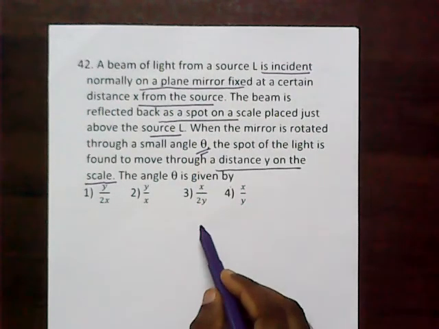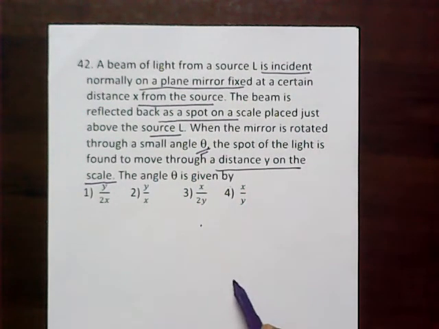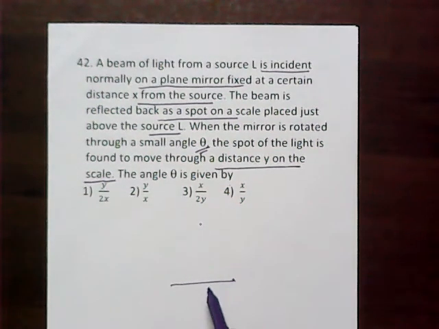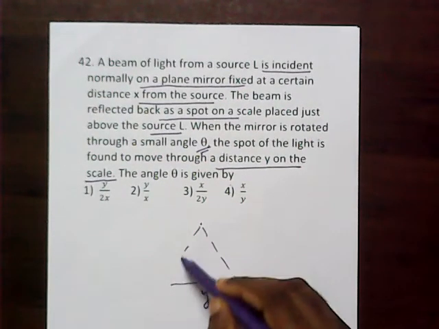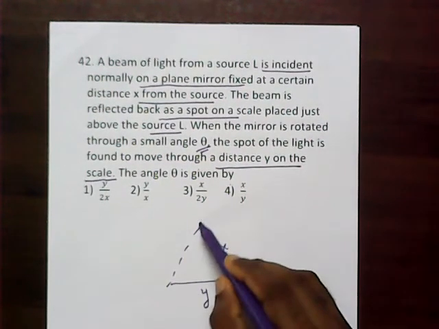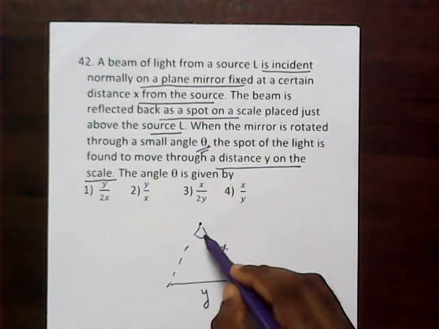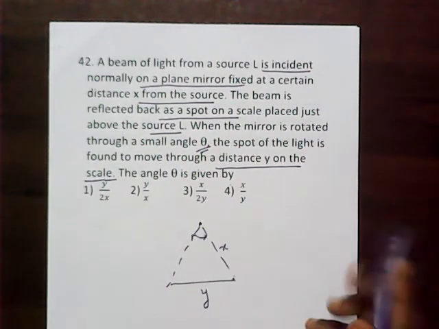So we can say the spot moves through a distance, given as say y. The separation is given as say x. So what is this one? It is a very important concept.